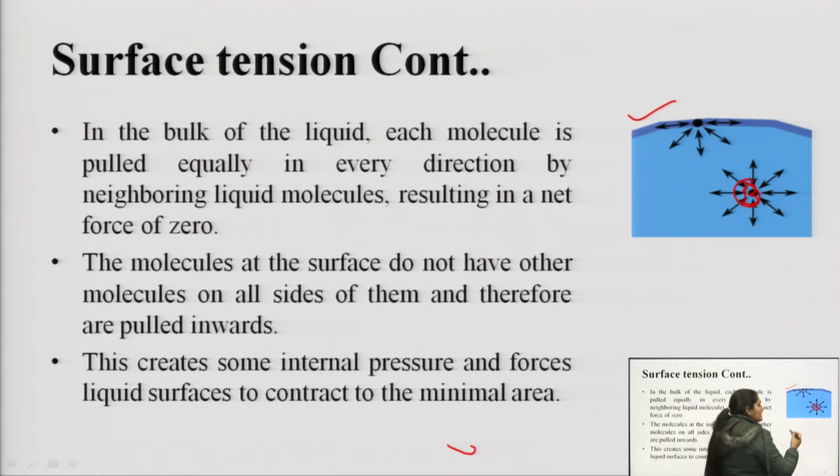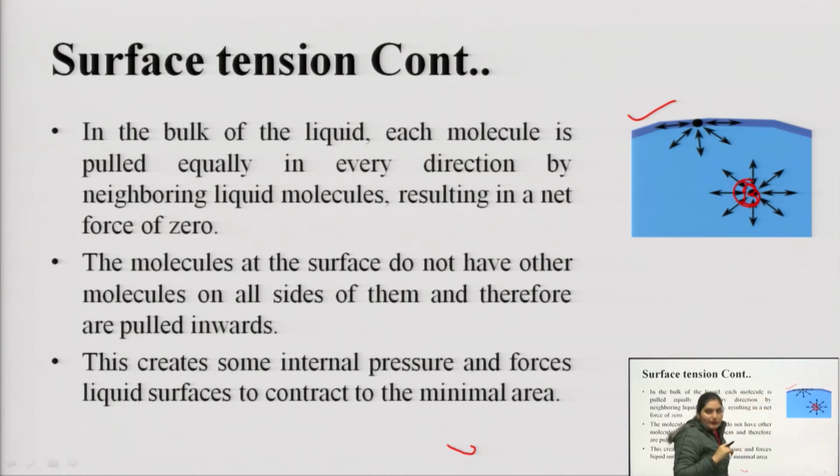Why cohesive forces? Because the same type of molecule is present surrounding it. This results in a net force of 0. So, the net force acting on molecule B is 0 because of the force acting in every direction.